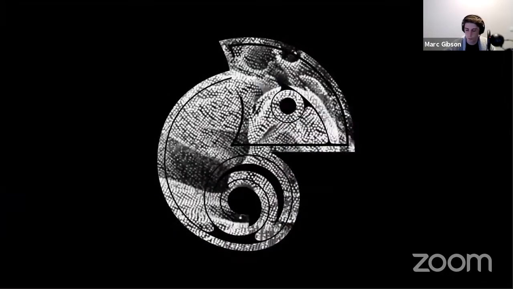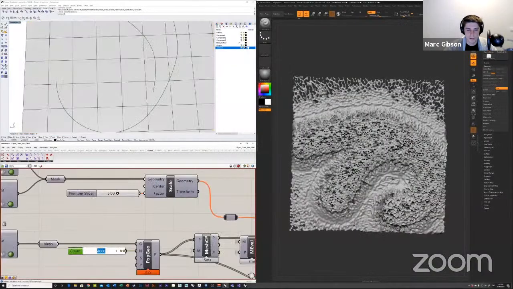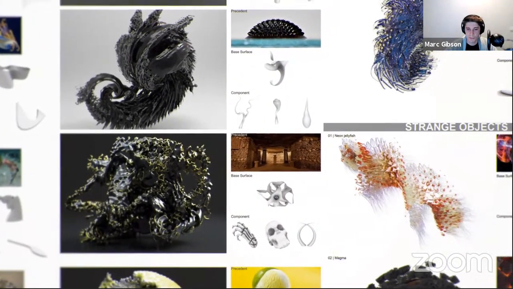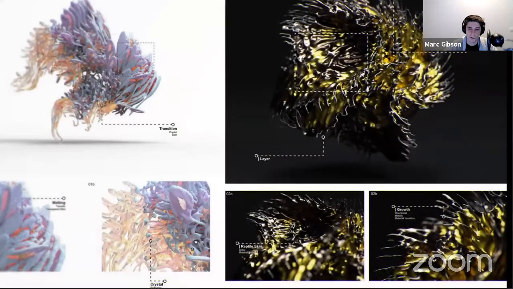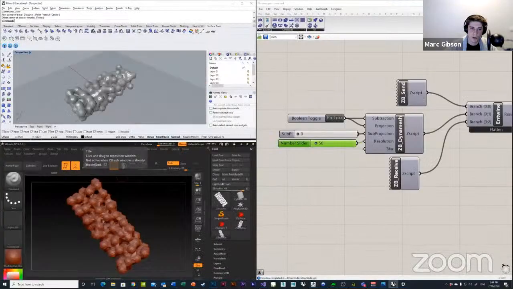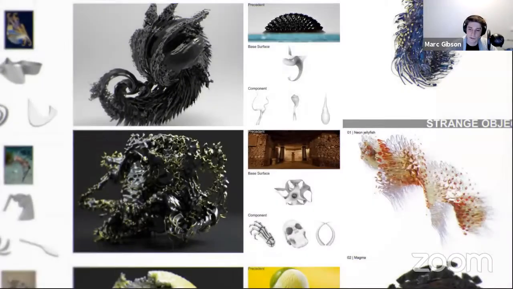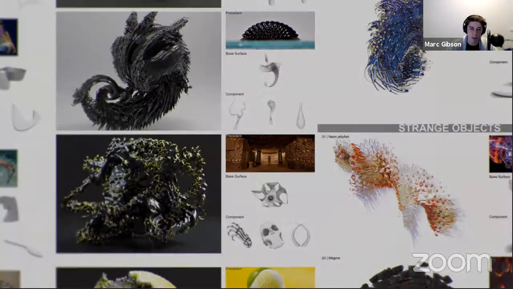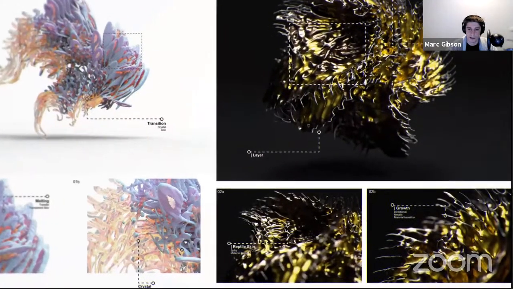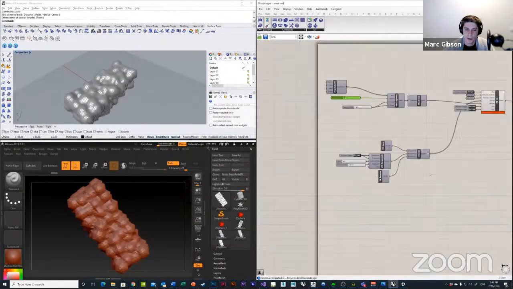It's called Chameleon. What Chameleon is, essentially, is a live link between Grasshopper and ZBrush. It allows you to not only send geometry back and forth between applications, but also set up parametric loops. So you can set up a series of operations, which would typically require you to click through in ZBrush, ahead of time.